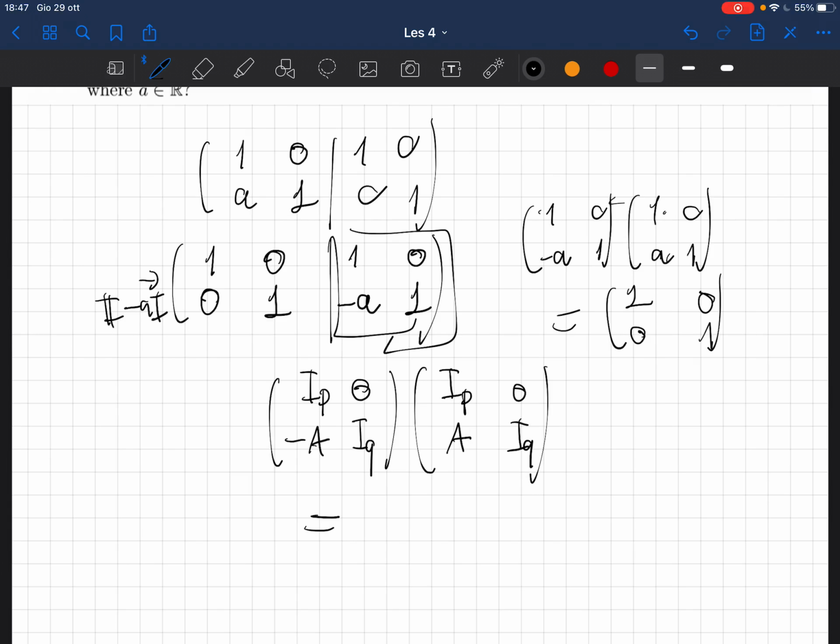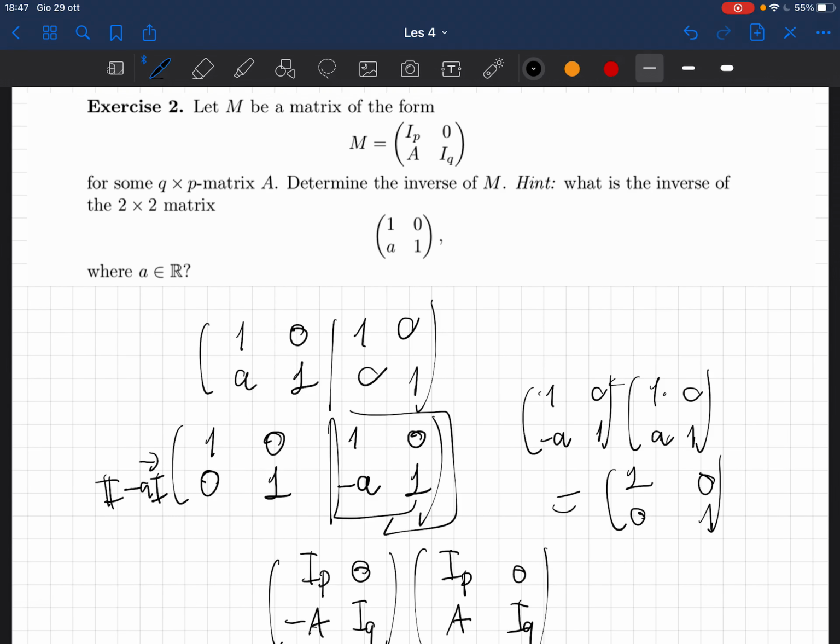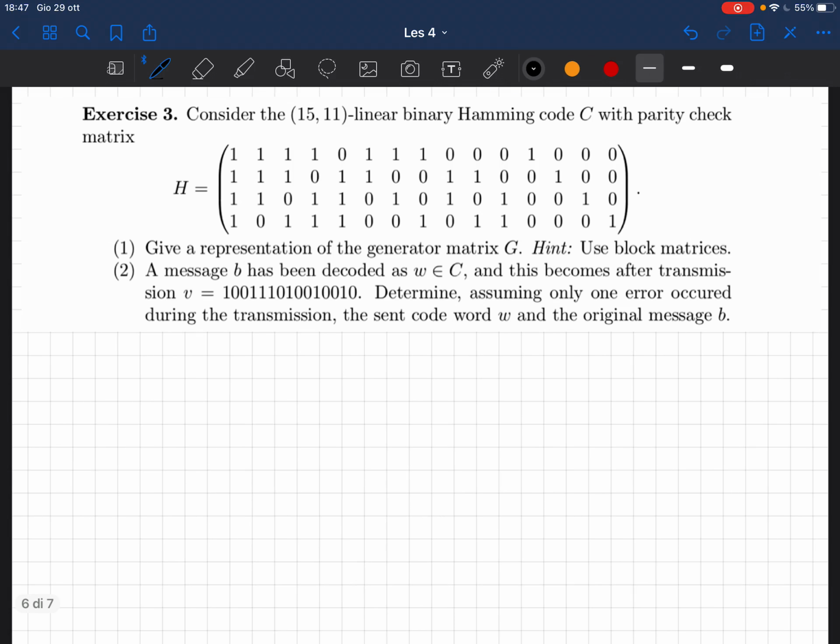So we have identity minus 0, so this is I_p. This is going to be 0. The orders are okay. So minus A plus A is 0. Minus A plus A. And here you have 0 plus I_q times I_q, which is again the identity matrix of order q. It works. This is it, and nothing more. That was very quick compared to the last one. It will also be very easy to write down.